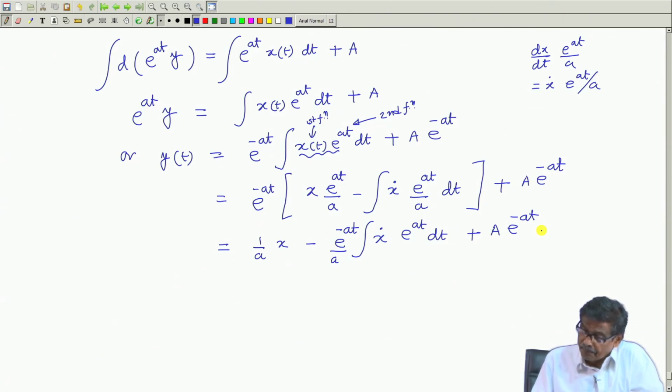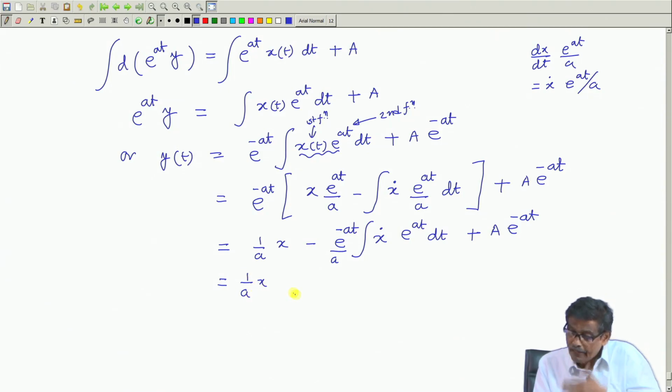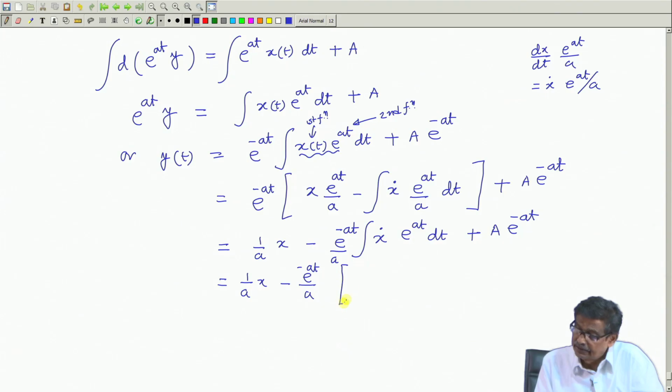Now, in this step once again I find that this term is fine, 1 over a into x minus e to the power minus a t by a, that is also fine, but here is once again a product of two functions and it is to be integrated.